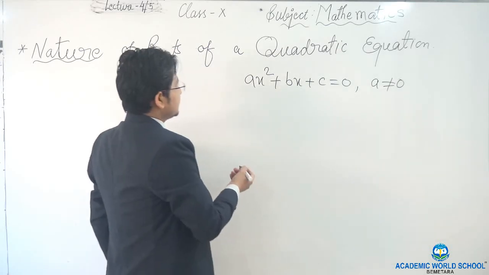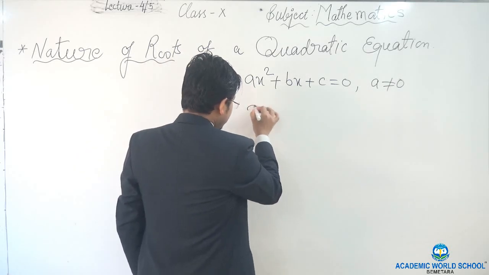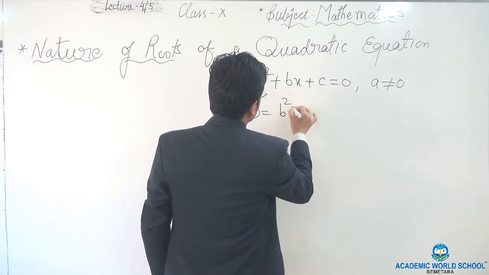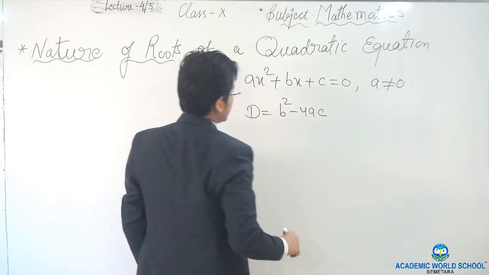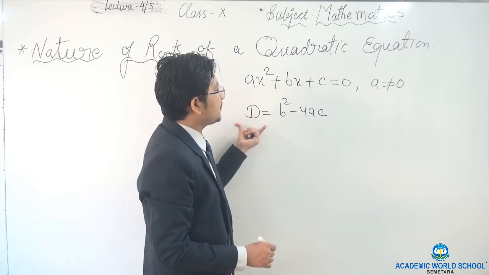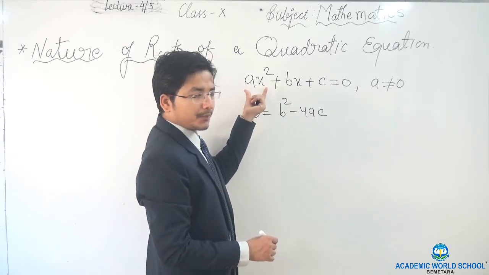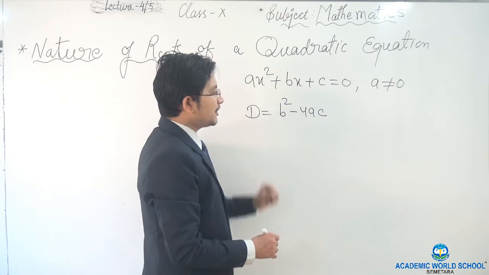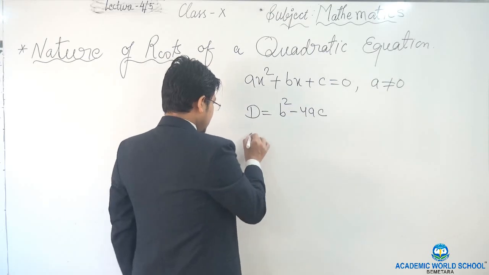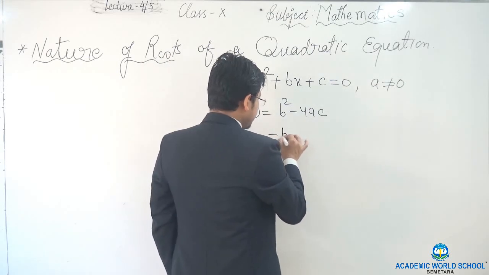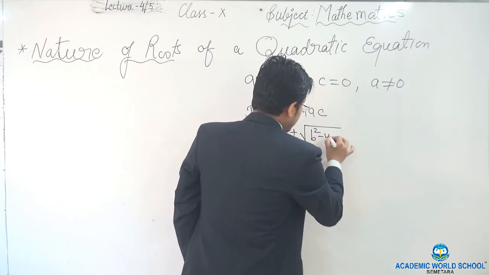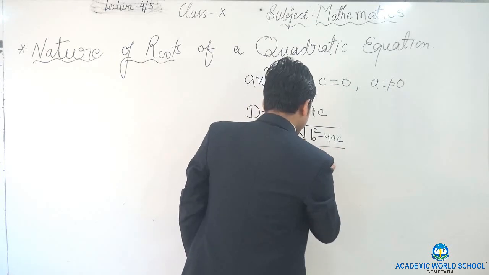So the term b² − 4ac, that is the discriminant. This is important to decide the nature of roots of this quadratic equation. In the previous video lesson we discussed the roots: alpha is equal to (−b plus root over b² − 4ac) upon 2a.